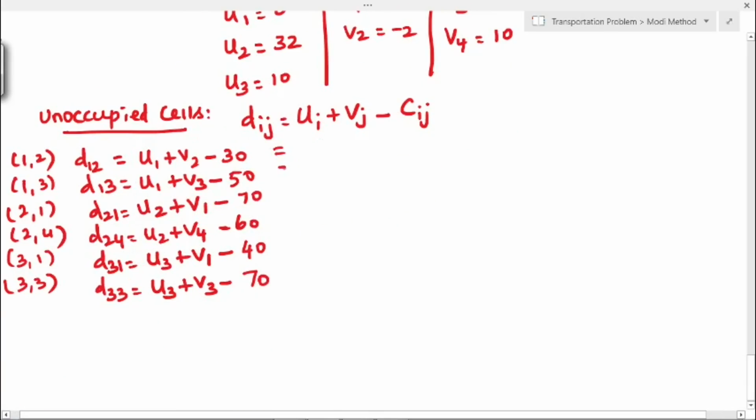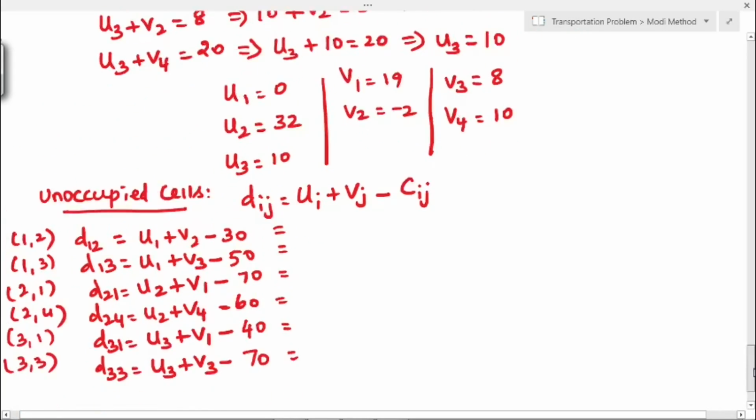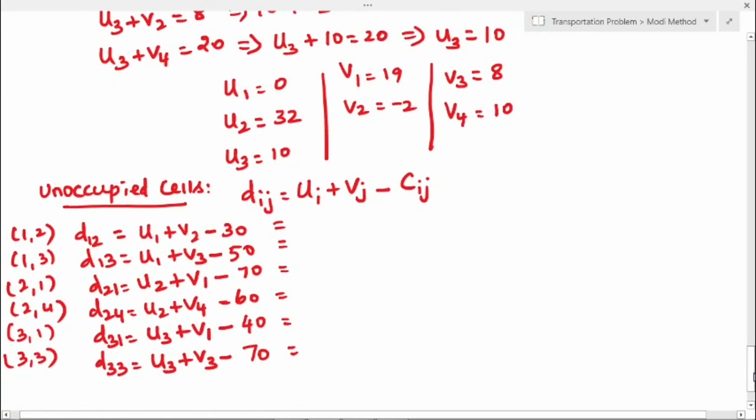Now simplify all the equations by substituting the Ui and Vj values. First equation: U1 value 0 plus V2 is minus 2 minus 30, so the answer is minus 32.